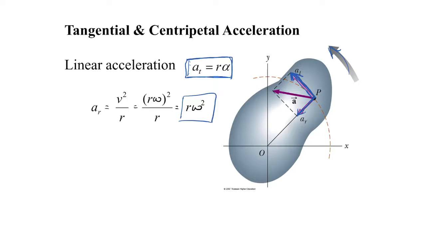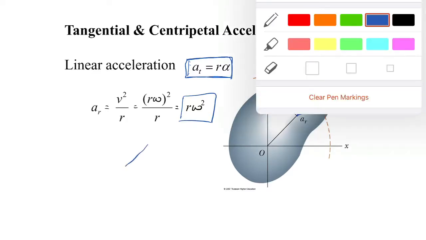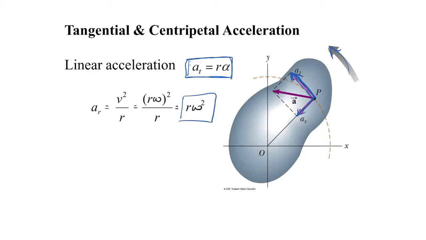So how we would do this is we would find our vector addition triangle here. Okay, so we know that if we look at our tangential acceleration going up in that direction here, and our rotational acceleration, same as centripetal, I'm going to move its position so it's more like that.